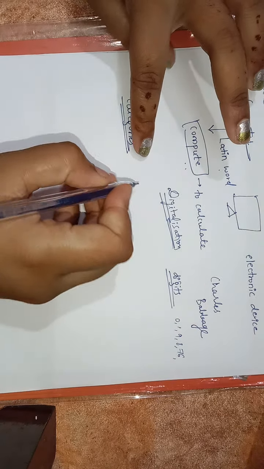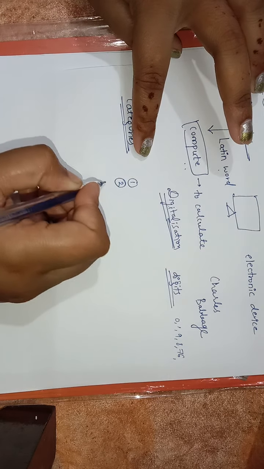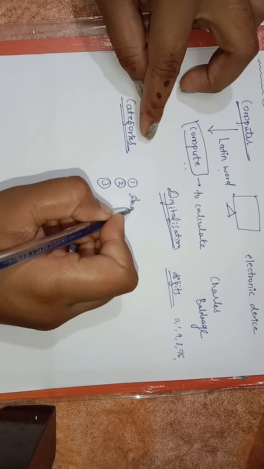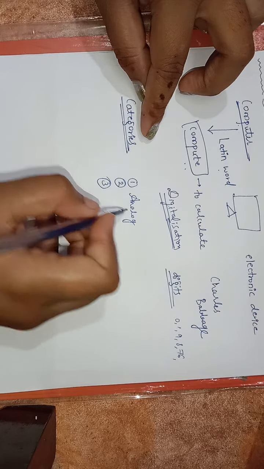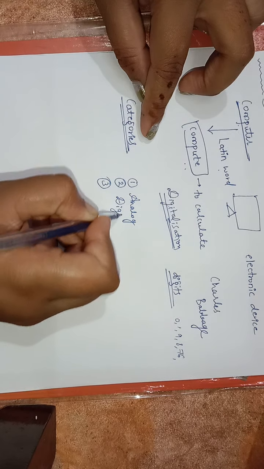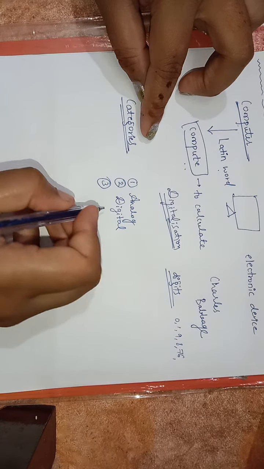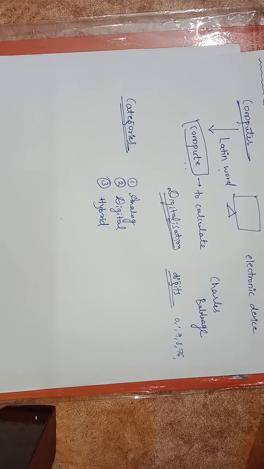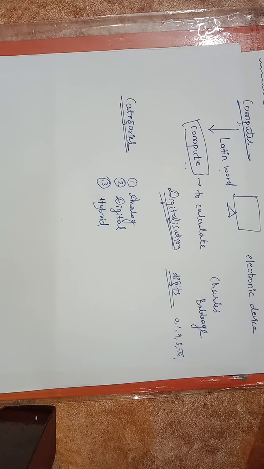Basically, computers are divided into three main types. The first one is analog computers, the second is digital computers, and the third is hybrid computers. Nowadays, whatever computers we are using are all digital computers.